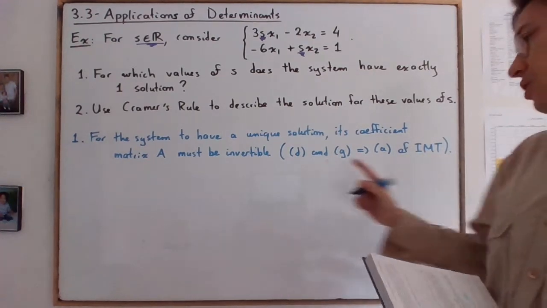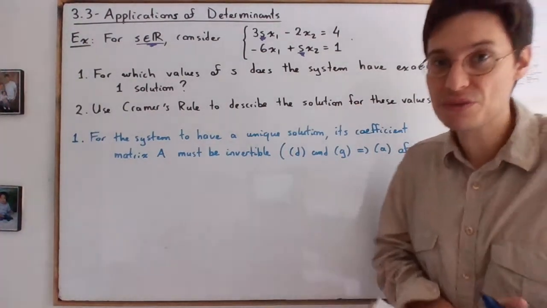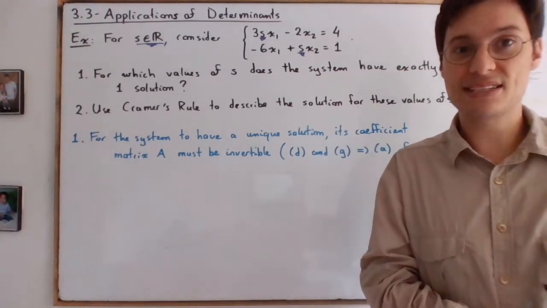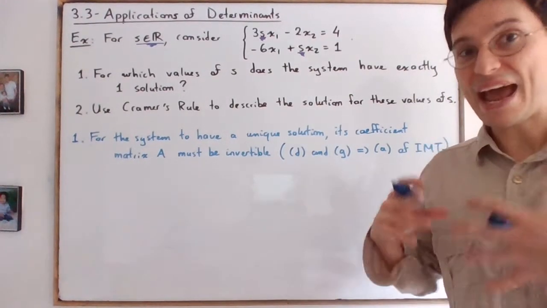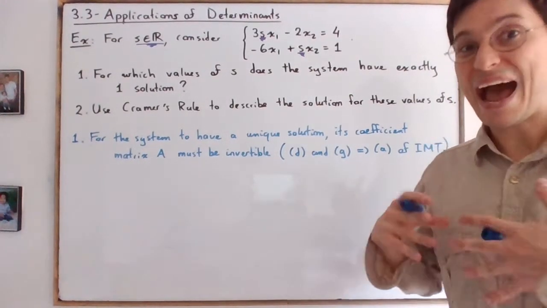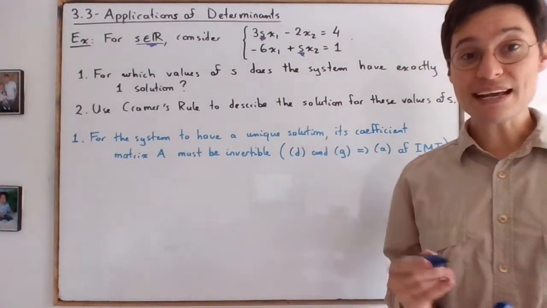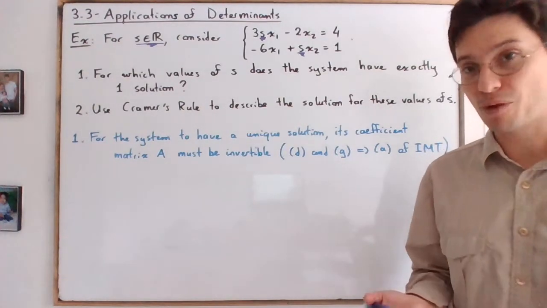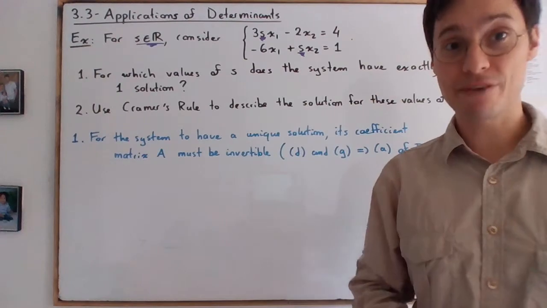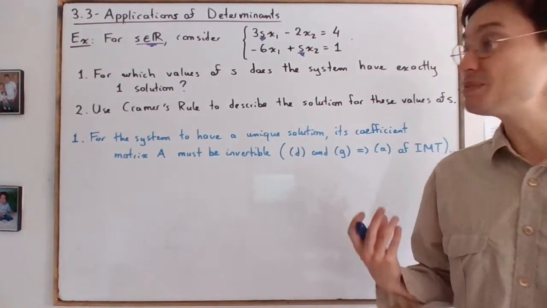Read in your book which statement it corresponds to, but it's basically the one that says if Ax=b is always consistent and has only a unique solution, then the matrix A must be invertible. But in this section, we saw a new statement, part of that theorem: if A is invertible, it means that its determinant needs to be non-zero.